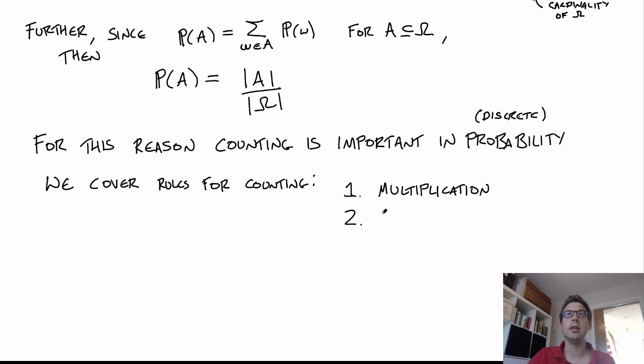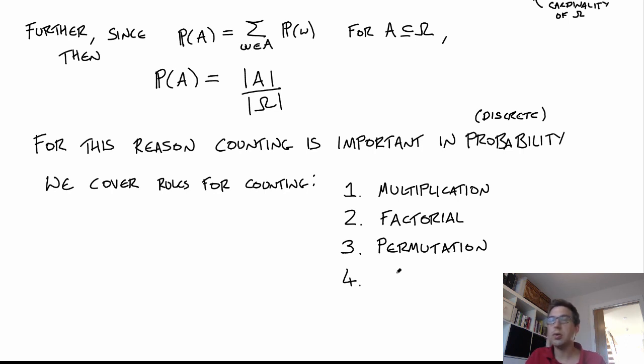Okay. Then we'll cover factorials. This will be like the number of ways you can reorder a set of items. Permutations. That will be the number of ways we can lift out a certain number of items in a certain order.